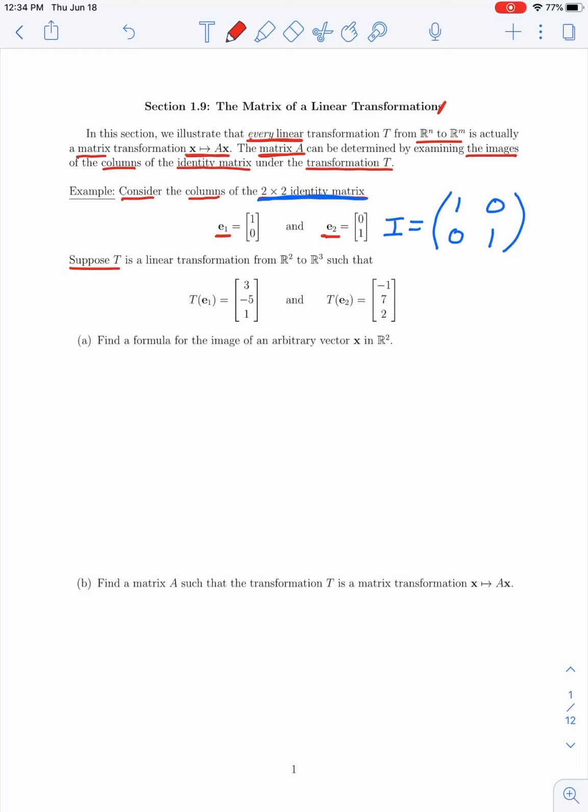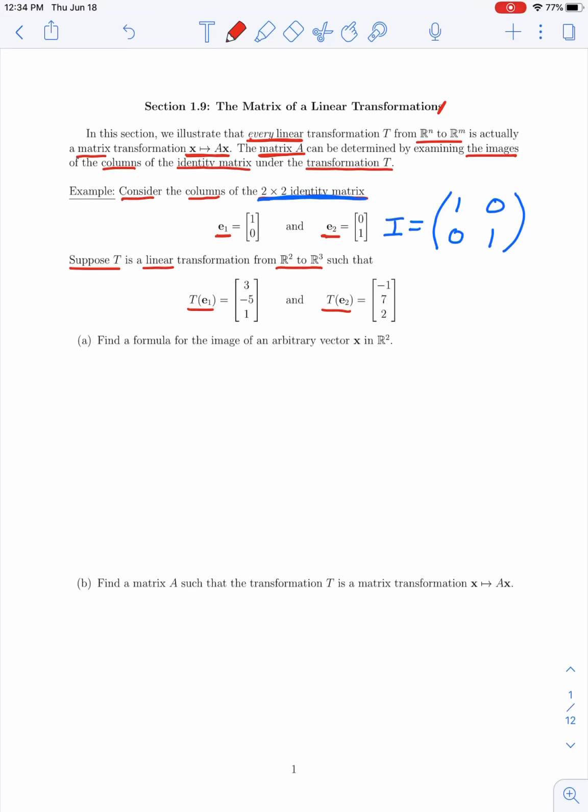And let's suppose that we have a transformation T, which we're told is a linear transformation from the plane R2 to space R3. And the images of these e1 and e2 vectors are T of e1 and T of e2, which are the given vectors here.